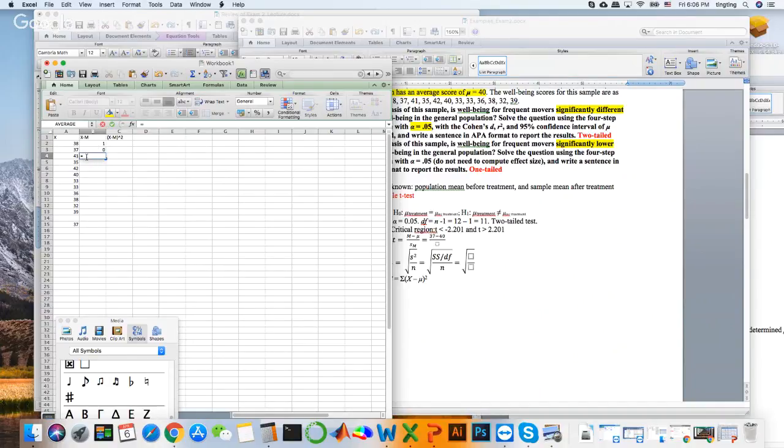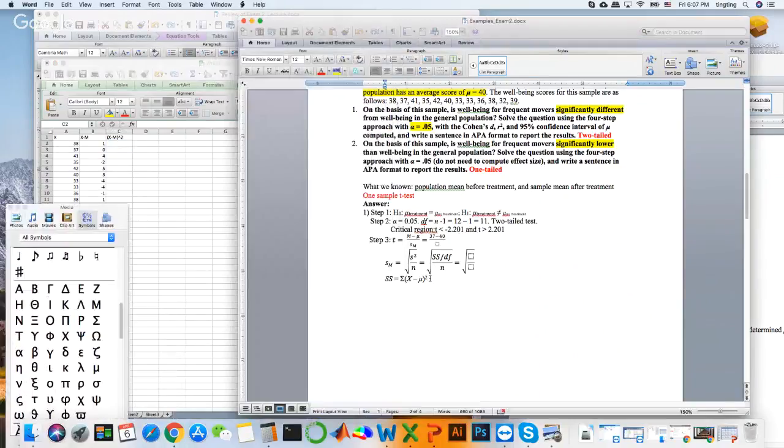Okay, to save time, I just use the Excel formula. Do all this. In the exam, we don't have that many scores. You can compute it by hand or use your calculator. And then to compute this one, we need to compute the square of every score.